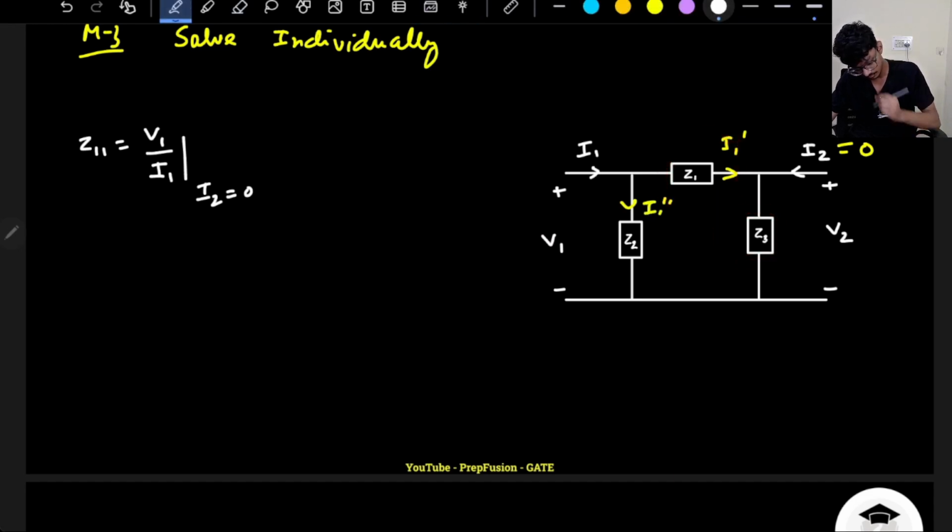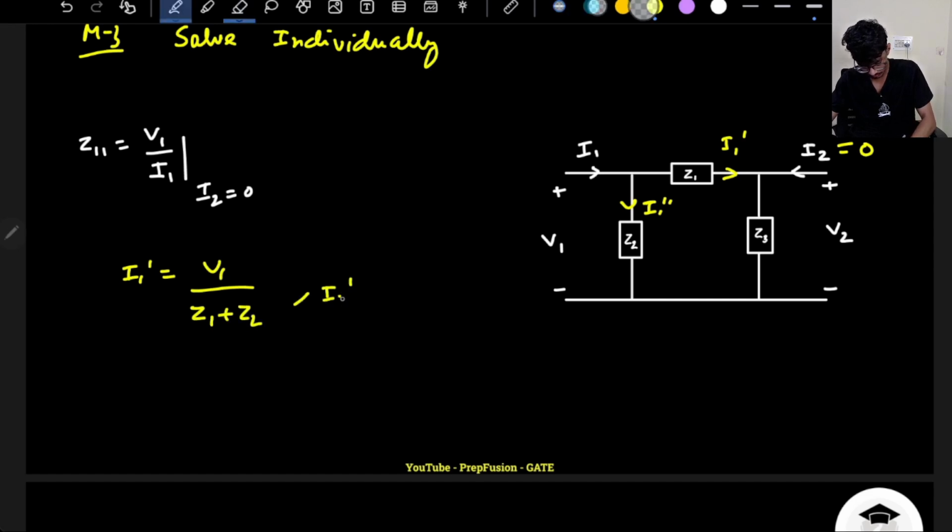Okay, so basically the current I1 dash equals to V1 divided by Z1 plus Z3, and current I1 double dash equals to V1 divided by Z2 only.